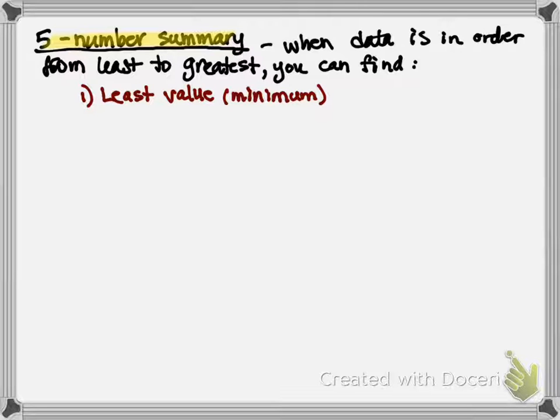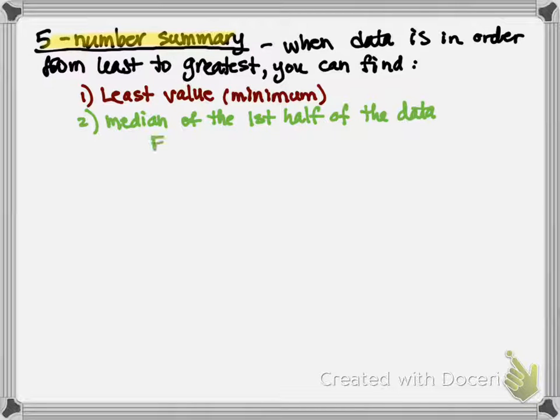Next we can find the median of the first half of the data. Now it's got a name. It's called the first quartile, and we abbreviate it as Q with a sub 1.